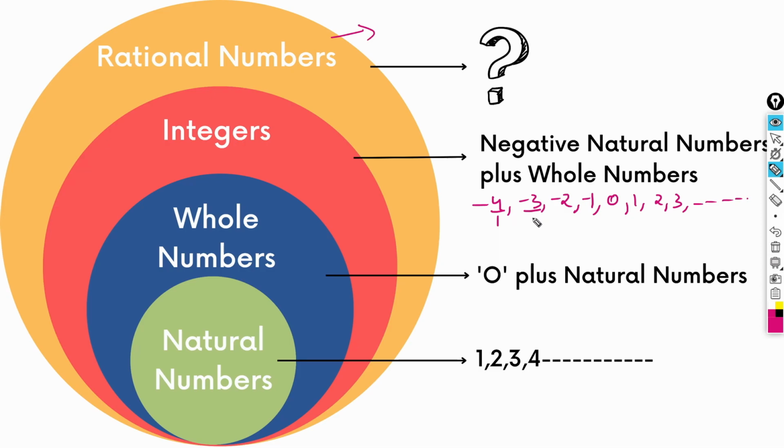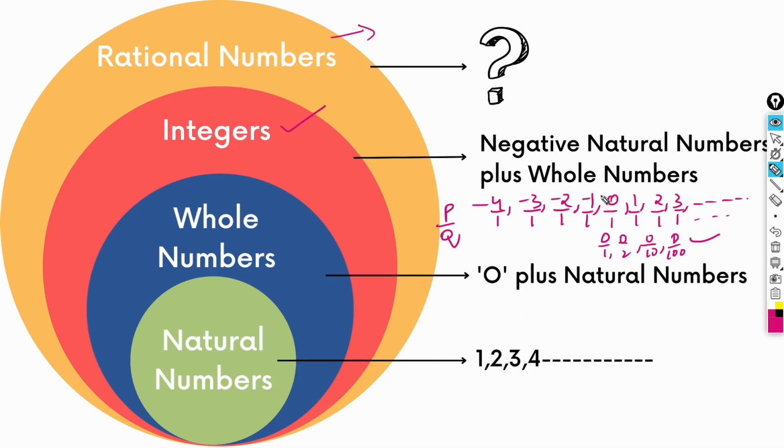This can be written as minus 3 by 1, minus 2 by 1, minus 1 by 1, 0 by 1, 1 by 1, 2 by 1, 3 by 1, and so on. 0 can be written as 0 by 1, 0 by 2, 0 by 10, 0 by 100. Anything, 0 by anything is 0. So all these are in the form of p by q, where q is not equal to 0 and both p and q are integers. So integers come under rational numbers.